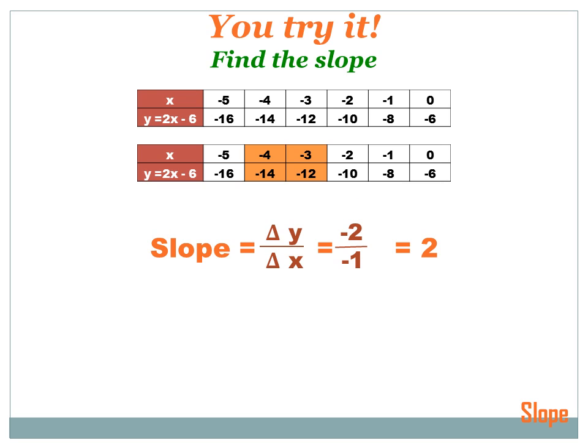Now let's get the difference in the x's, and you got to start at the same coordinate point. So we're going to start with -4 minus -3, or -4 plus 3, and -4 plus 3 is -1. Now I just got to simplify that. -2 over -1. 2 divided by 1 is 2, and a negative number divided by a negative number is a positive number, so our slope is 2.